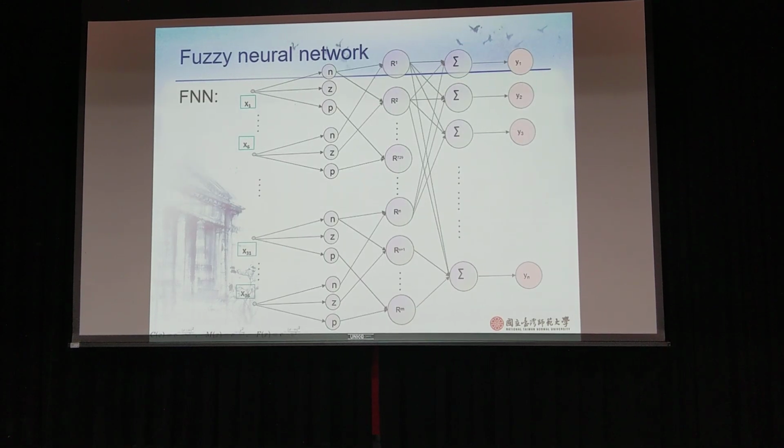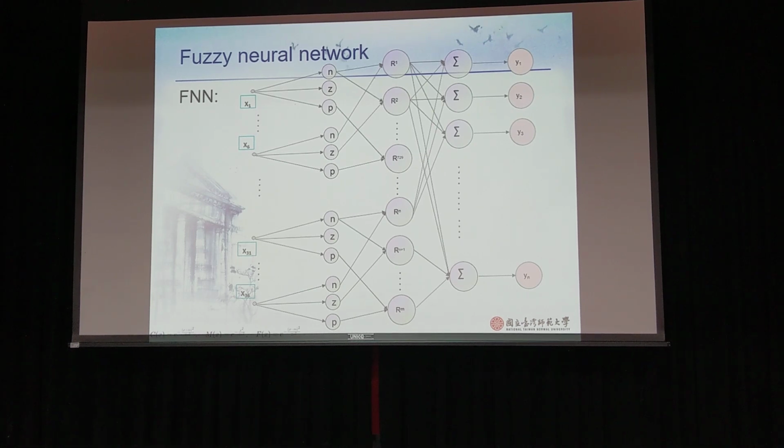And first, before we talk about the merged fuzzy neural network, let's discuss the fuzzy neural network. A fuzzy neural network, also known as the neuro-fuzzy system, is a computational model that integrates fuzzy logic with artificial neural networks. It combines the capability of fuzzy logic to handle uncertainty and imprecision with the learning ability and pattern recognition capabilities of neural networks.